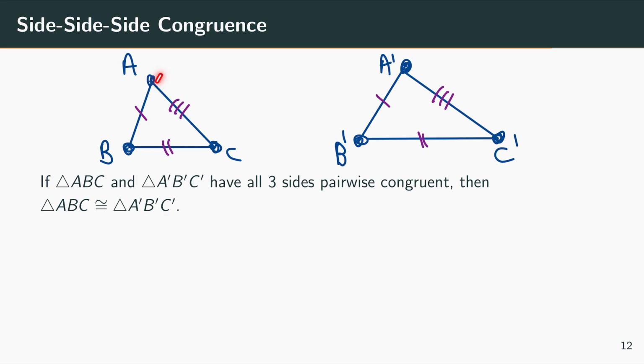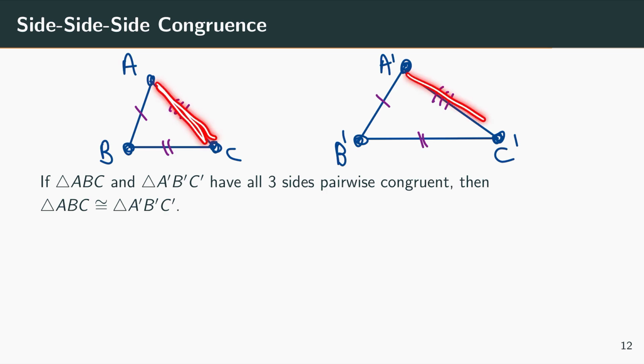Okay, so we have a couple of other important congruence theorems. There's the side-side-side congruence theorem. So if I give you two triangles, ABC and A prime, B prime, C prime, and I happen to know that the sides are pairwise congruent.